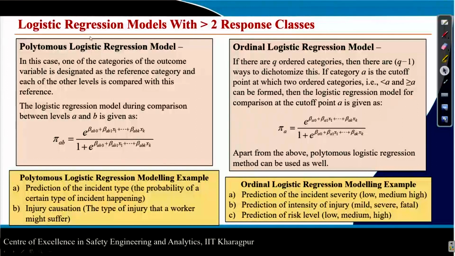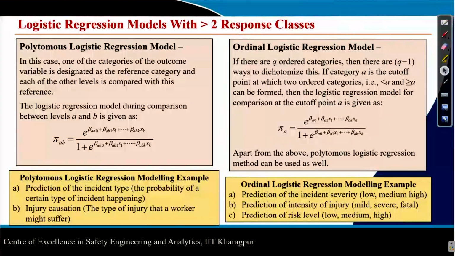So, in addition, as I told you, depending on the nature of the y variable, if there are more than 2 classes of variable y, then the polytomous logistic regression model will be used, and in addition, if the classes are ordered, then the ordered logistic regression model will be used. The formula is given here as well as some examples. For example, in polytomous logistic regression, we may be interested to know certain types of accidents like derailment related accidents, fall from height related accidents.